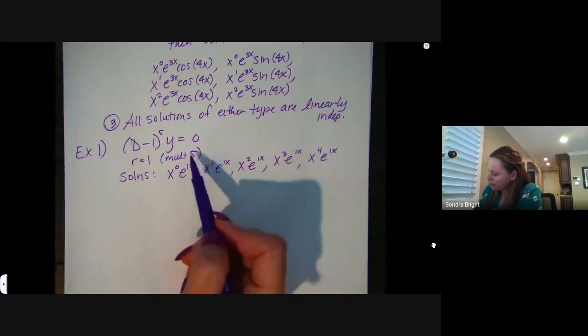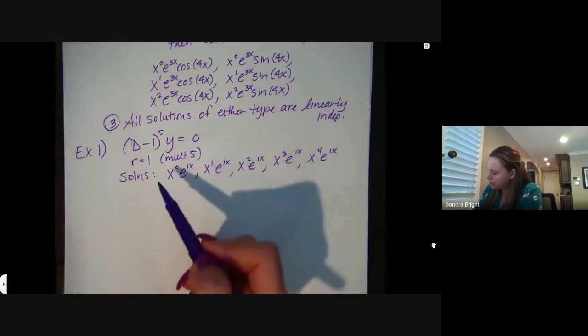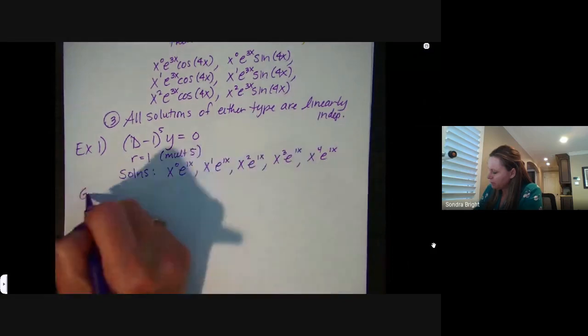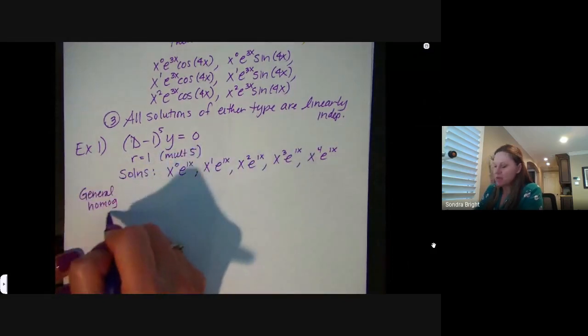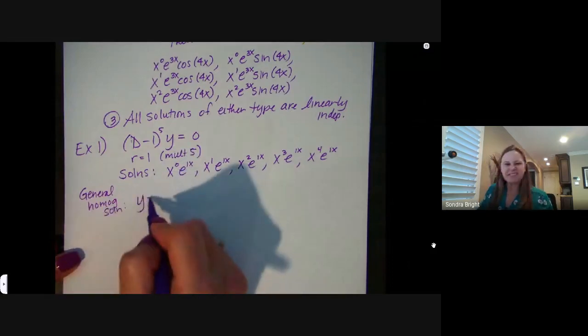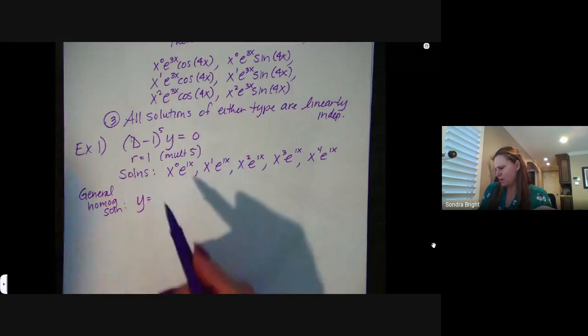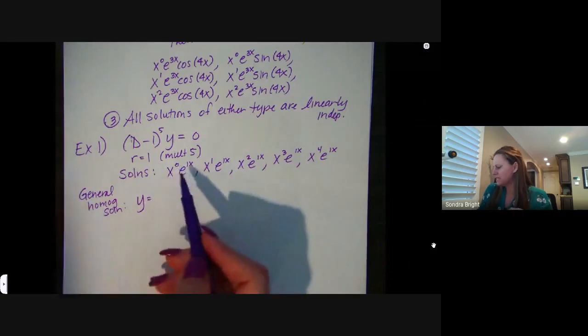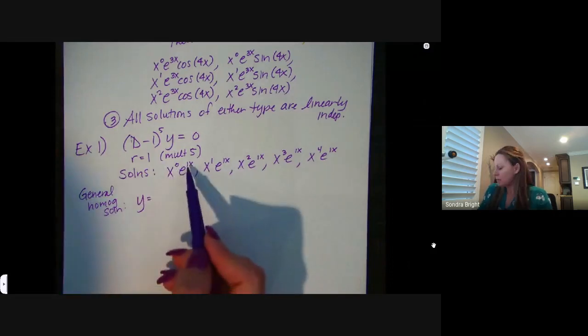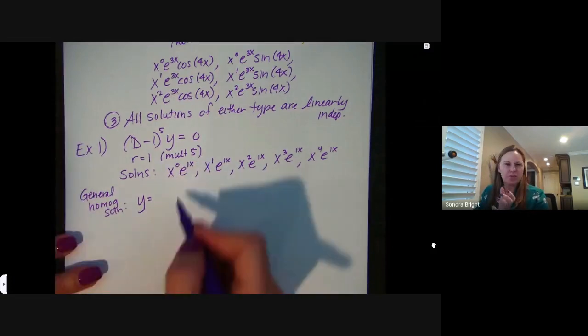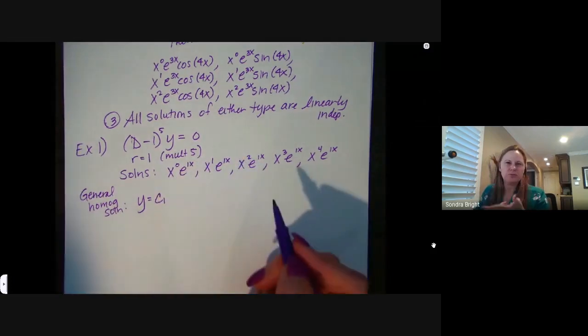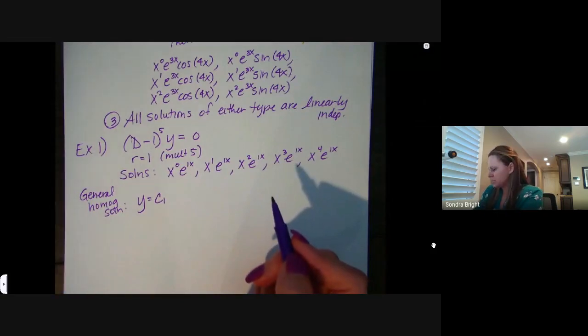And so your general homogeneous solution will be y equals a linear combination of these. X to the 0 is just 1, so I'm not going to write a 1. And on all of these e to the 1x, I'm not going to include the 1 anymore. The constants I'm going to use are C1, C2, C3, with little subscripts for each of them.